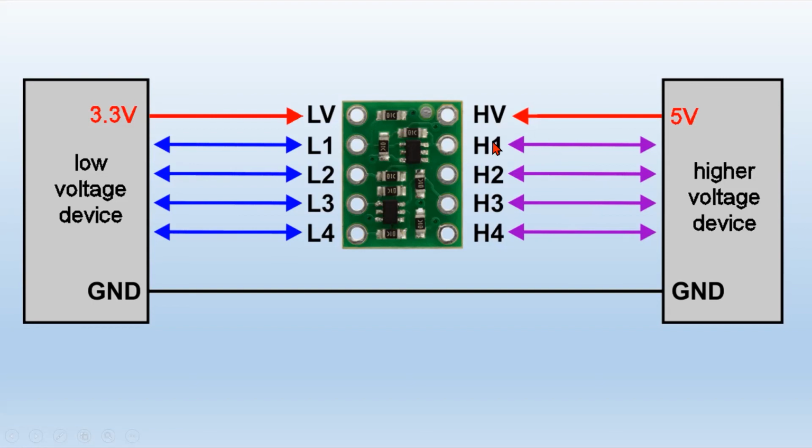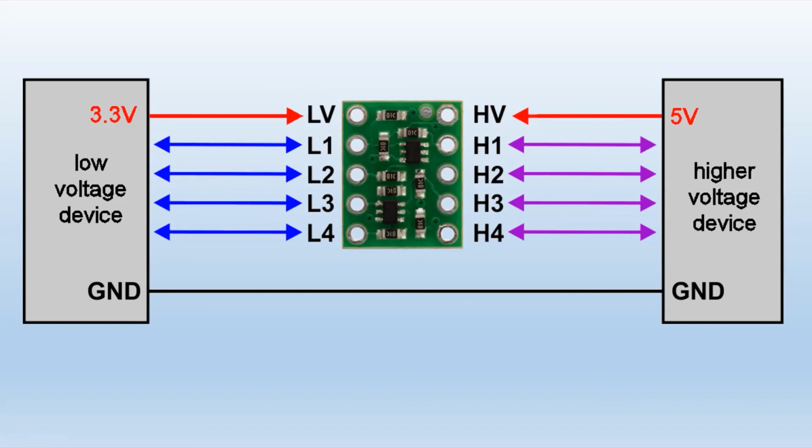Any changes in H1 are reflected into L1, only at different voltages. L2, for example, might go from 0 volts up to 3.3, and H2 will see it rise from 0 to 5. Similarly, if H4 went from 0 to 5 volts, L4 will go from 0 to 3.3. So we've got total protection between the two devices or circuits.